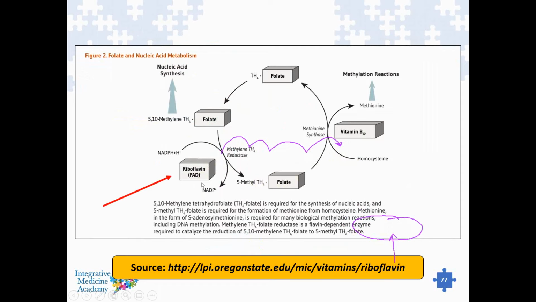Riboflavin has a relationship to the conversion of folate. It assists our body in converting folate to 5-methylfolate, or 5-methyl tetrahydrofolate.